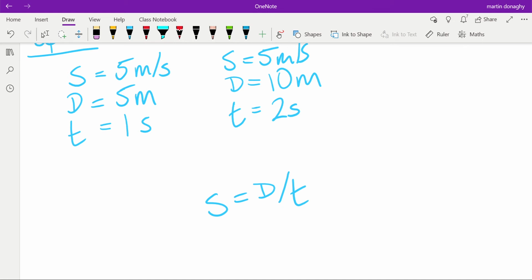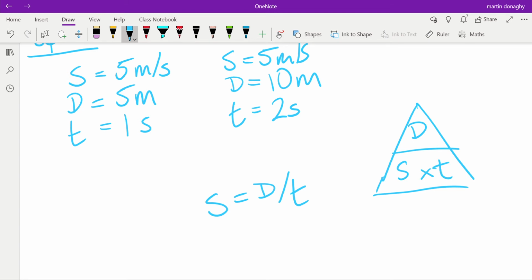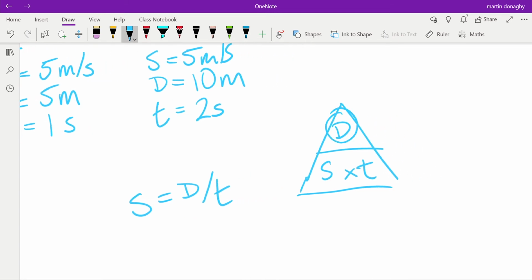Now I understand in maths when you get equations, sometimes you can be encouraged to put them into little triangles that make your life a little bit easier. So we can put this equation into triangles, something like that. And what it tells us is if we look for distance, distance is equal to speed times time.